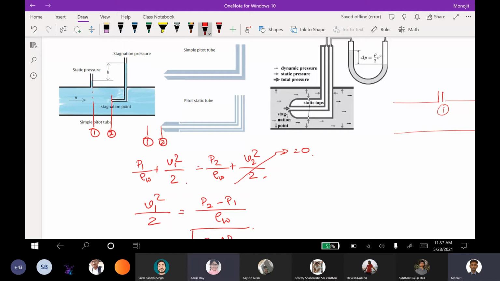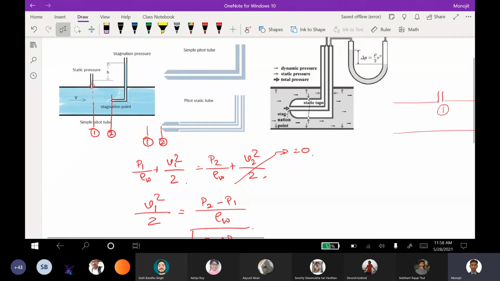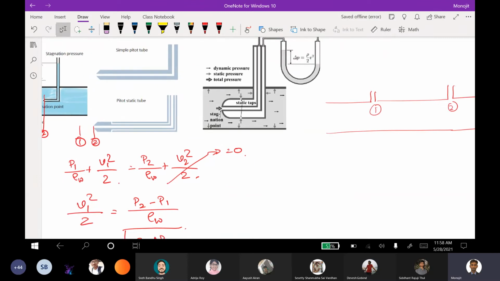But in an actual case, you should ideally place this static location as close as possible to the edge of your pitot tube to reduce error. While calculating, we are making a theory where things are very ideal, so it will not matter. And in the case of a pitot-static tube, it will not matter at all because these two locations are very close.